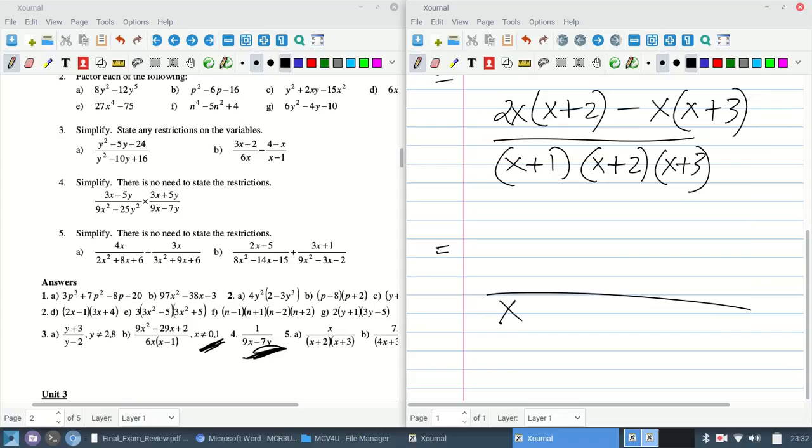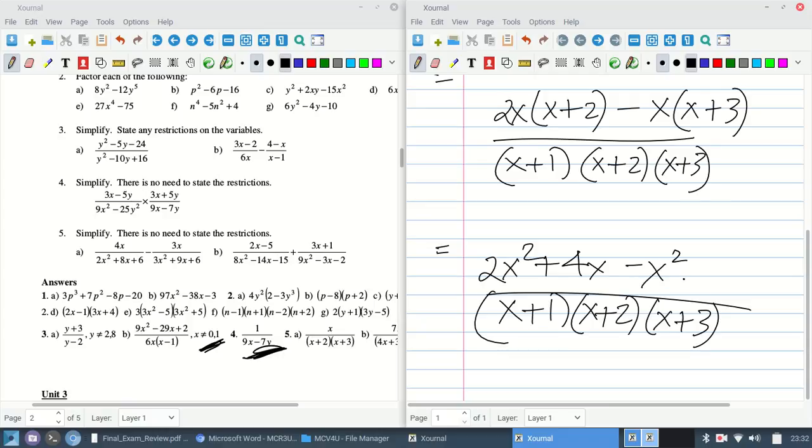So x plus 1, x plus 2, x plus 3, and I do 2x squared plus 4x minus x squared minus 3x. So in the end, I get 2x squared minus 1x squared, that's x squared, and then 4x minus 3x, that is a positive x, all over x plus 1, x plus 2, x plus 3.